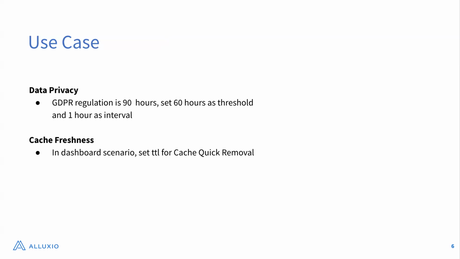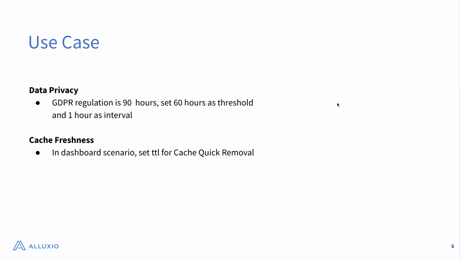And to safely meet their data privacy requirement, the Presto team set 60 hours as the threshold and 1 hour as the scanning interval for TTL. So given that, we have a 30-hour buffer for any exceptions when deleting or invalidating the page from the local cache.